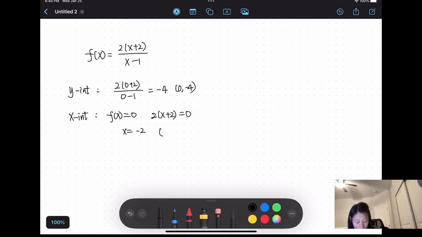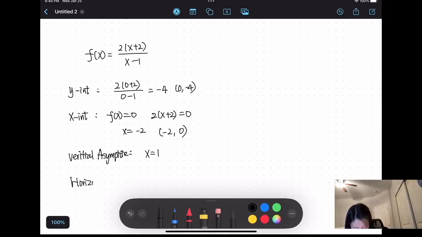So my x-intercept is (negative 2, 0). Vertical asymptote is when you set the denominator equal to 0. So that means my vertical asymptote is x equals 1.